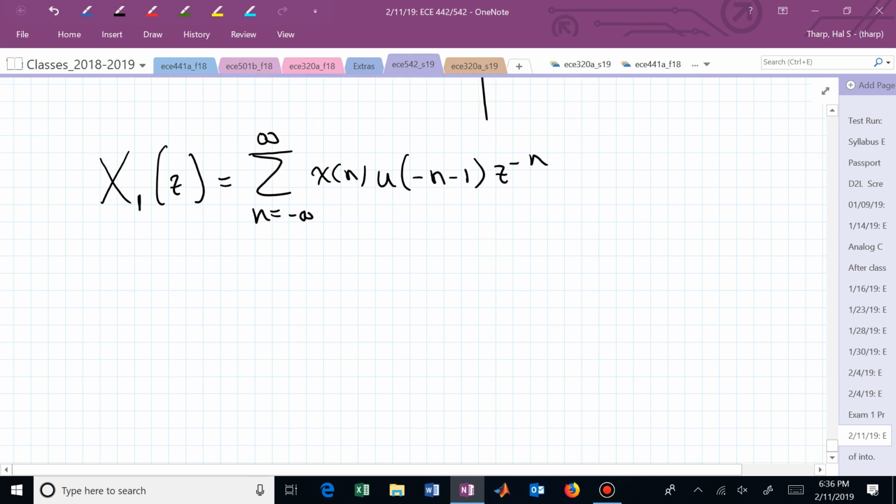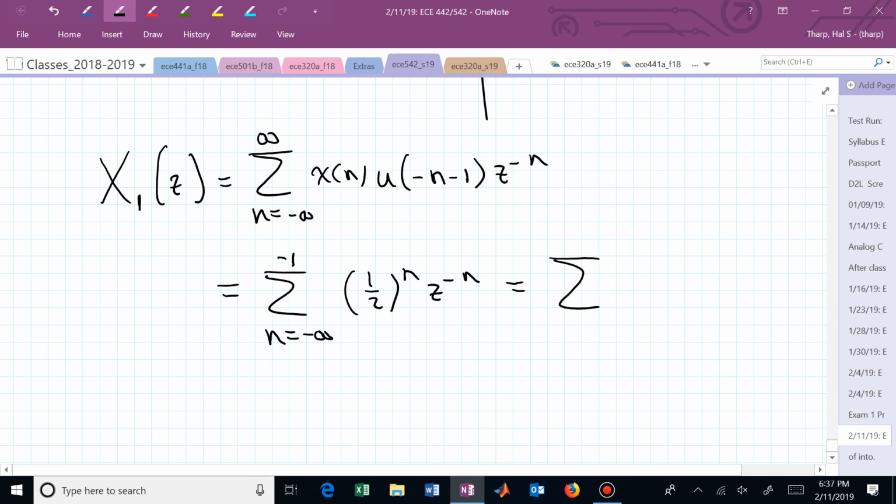We can now say that this is going to be this summation from n equal minus infinity to minus 1 of 1/2 to the n z to the minus n. Or we could say, well, this is n from minus infinity to minus 1 of 2 to the minus 1 to the n z to the minus n.